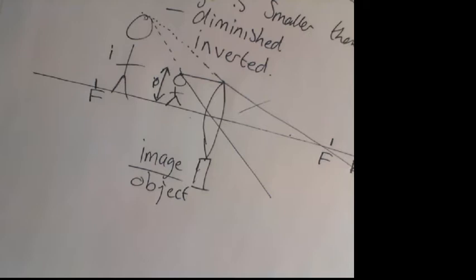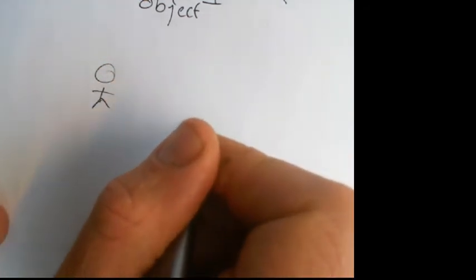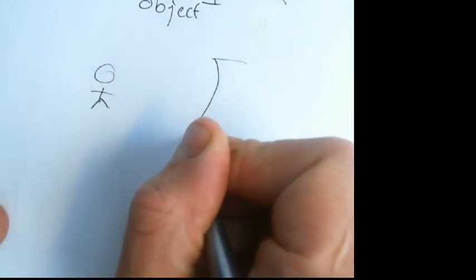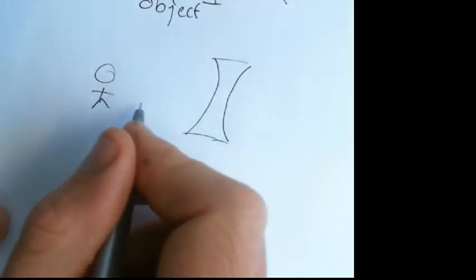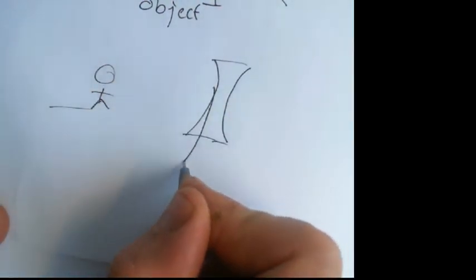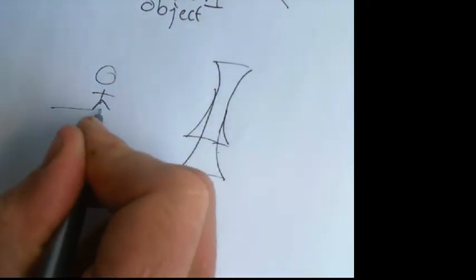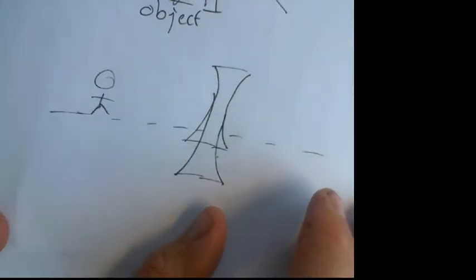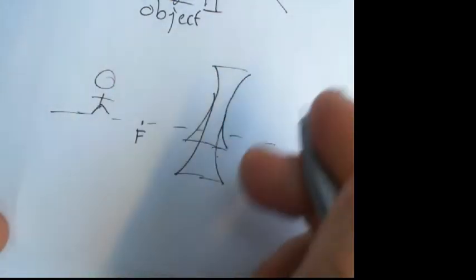Okay, so the next one you need to know about is the divergent lens, so the concave lens. Exactly the same process. We've got a person, we've got a concave lens, we draw a line through the middle of the lens. We'll say that the object is outside of f. Put f there.